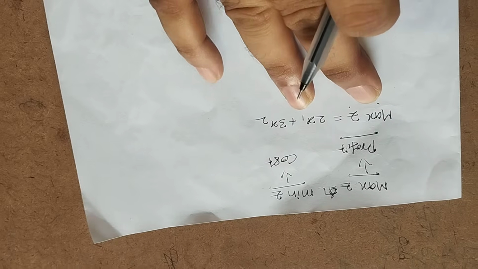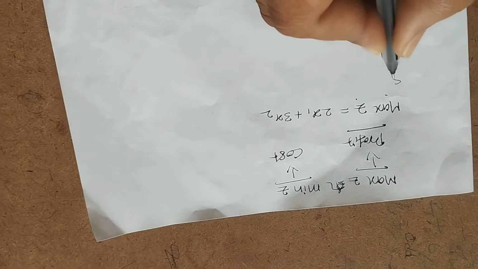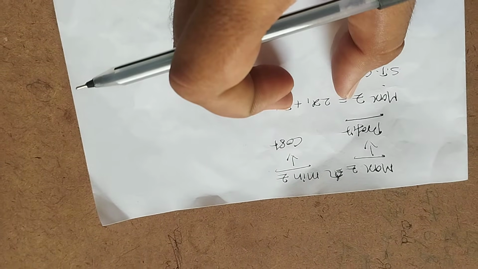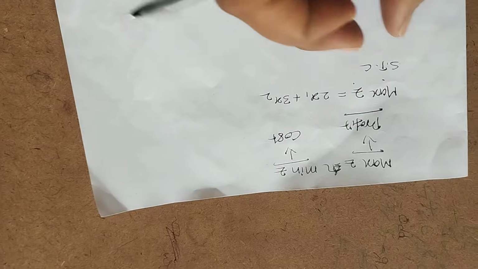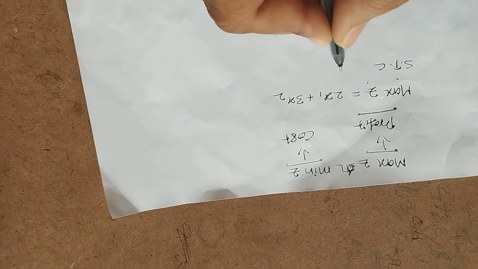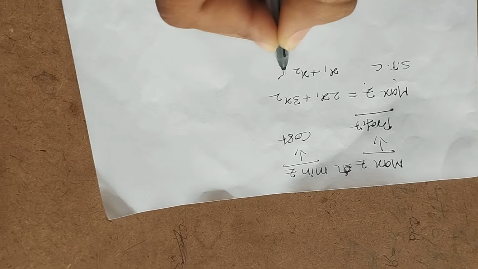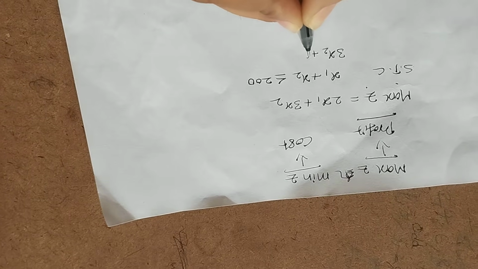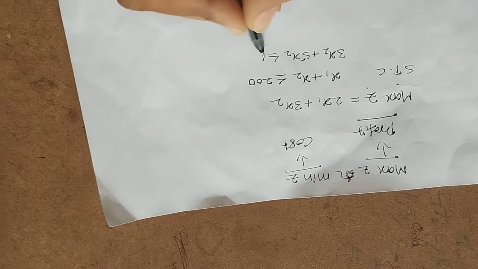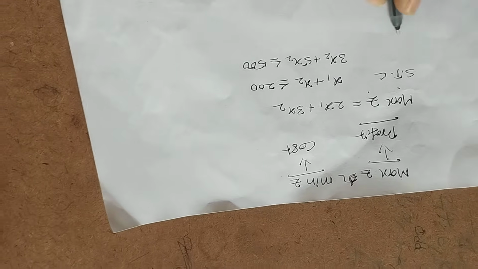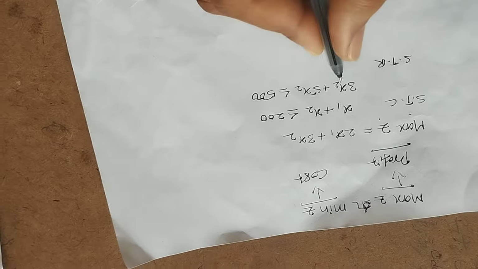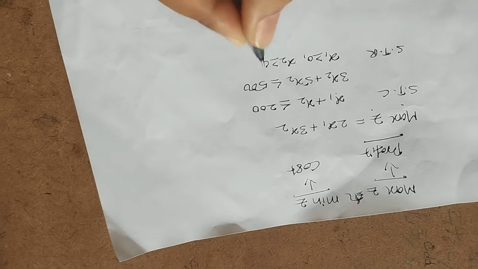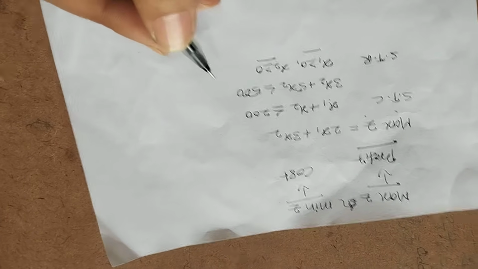To achieve this objective, there are some constraints, for example x1 plus x2 is less than or equal to 200, and 3x1 plus 5x2 is less than or equal to 500. Subject to restrictions, here the variables x1 and x2 should be non-negative: x1 is greater than or equal to 0, x2 is greater than or equal to 0.